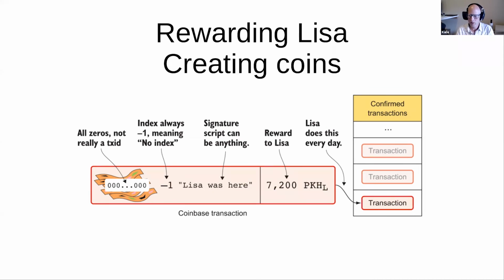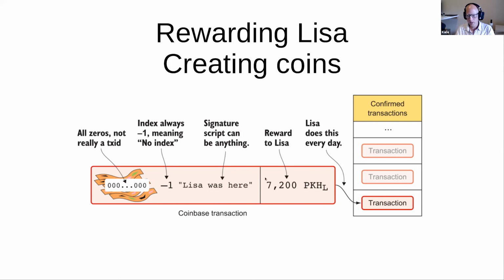She will instead add what we call a coin-based transaction to the spreadsheet every day. And this coin-based transaction does the same thing. It creates 7,200 new cookie tokens every day. But it's in the format of a transaction. And you call it a coin-based transaction.